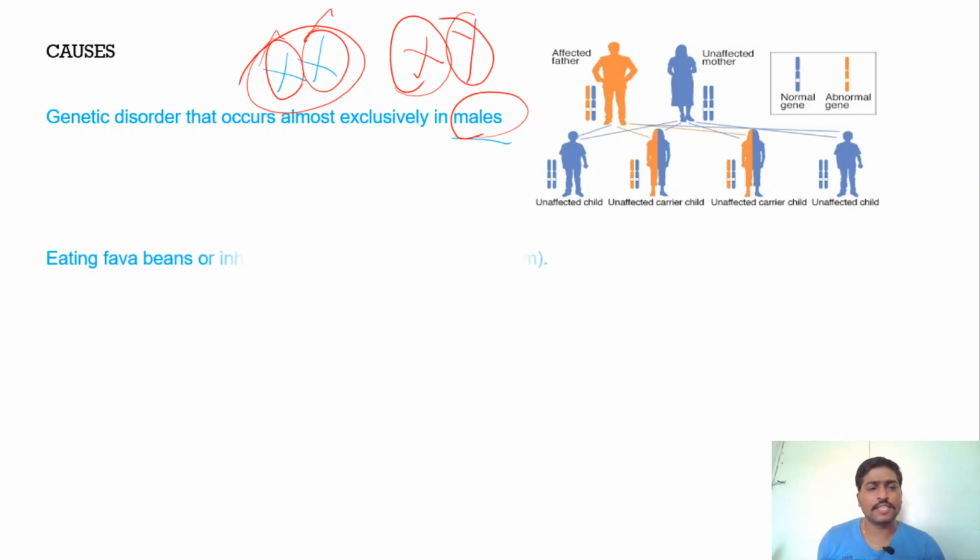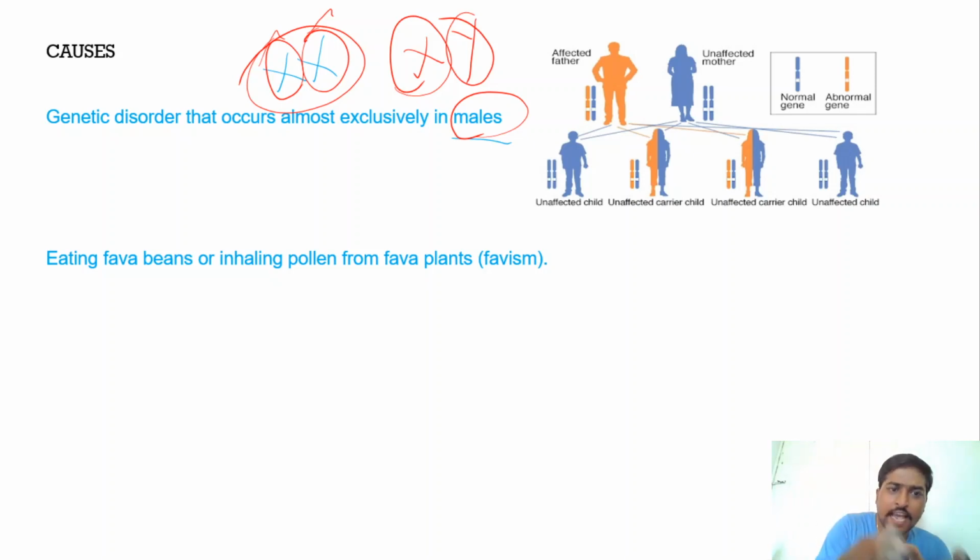The next cause of G6PD deficiency is having fava beans or inhaling pollen from the fava plants. Some terminologies state that G6PD deficiency is also called favism. But if the disease has occurred from the genetic disorder, we cannot call that favism.